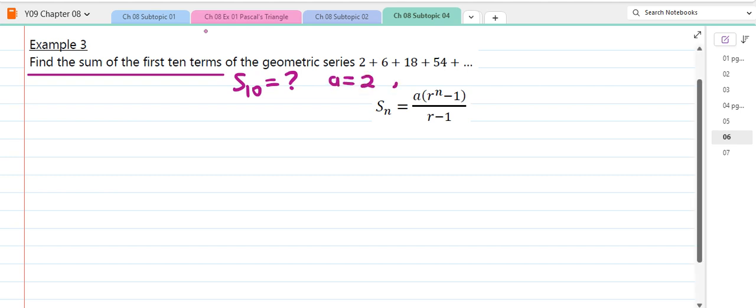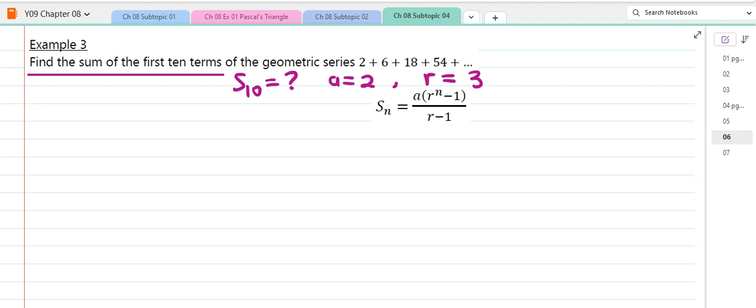As for the common ratio r, you can obtain it by dividing two consecutive terms, for example 6 divided by 2, or 18 divided by 6. So it's quite obvious that the common ratio is a positive 3. 2 times 3 is 6, 6 times 3 is 18, 18 times 3 is 54.